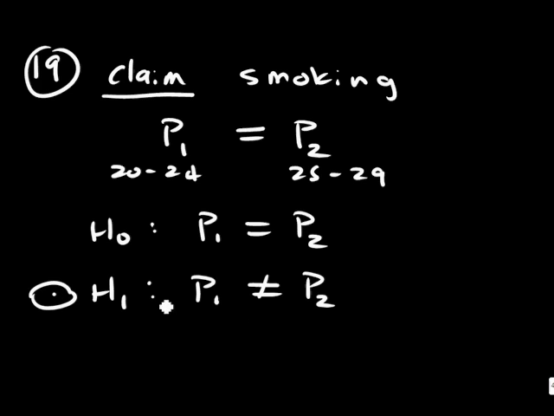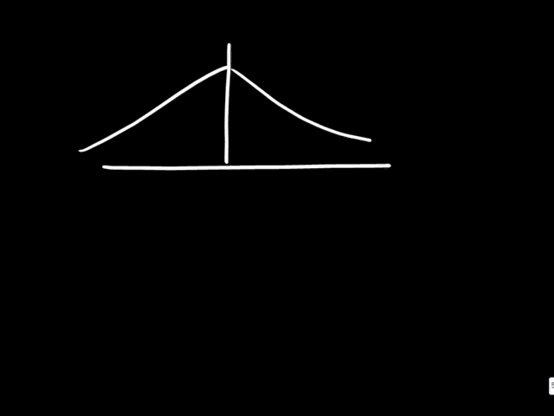Creating our decision rule: we're going to reject the null, and we're going to not reject the null.